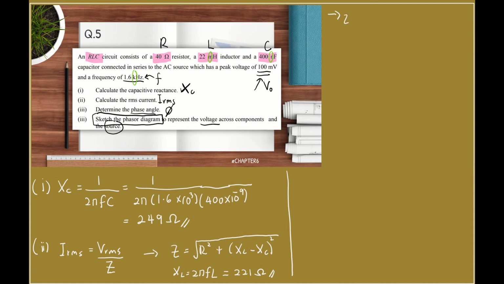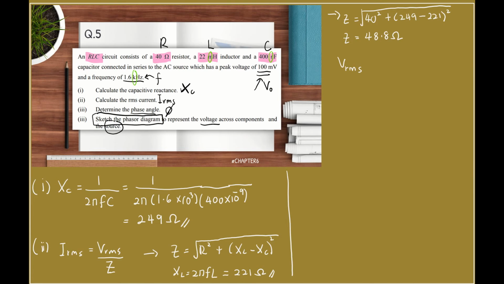You substitute Z is equal to the square root of 40 squared plus (249 minus 221) squared, and your Z is equal to 48.8 ohm.